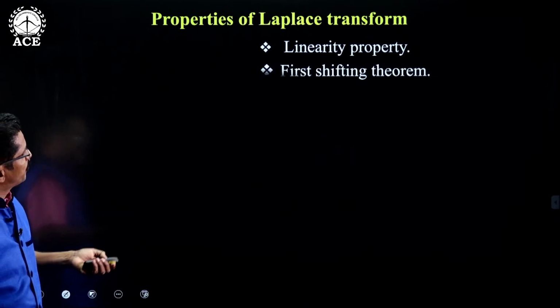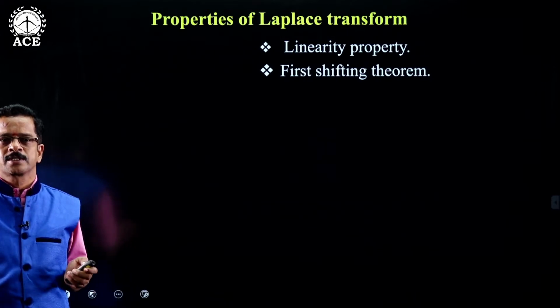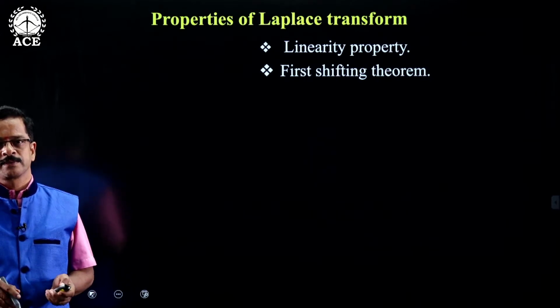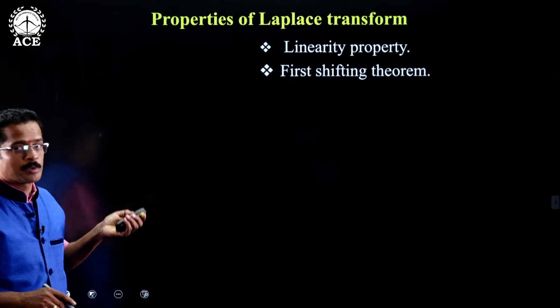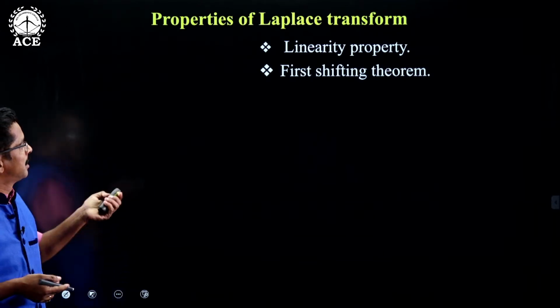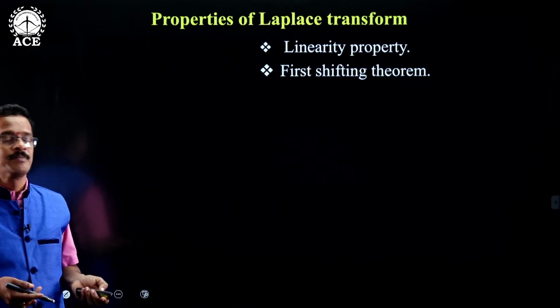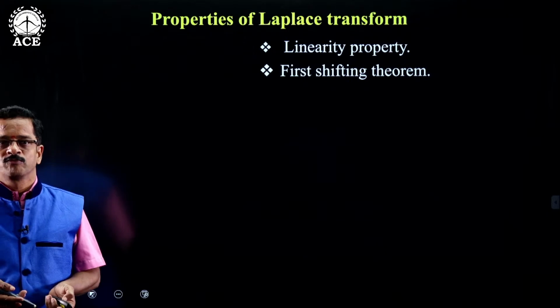So next, linearity property means just... Up to here we discussed the problems on elementary functions. Elementary means basic things, short-answer type, which we covered. Now we are entering into the properties of Laplace transform further.